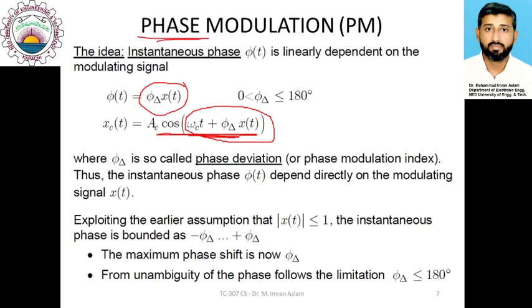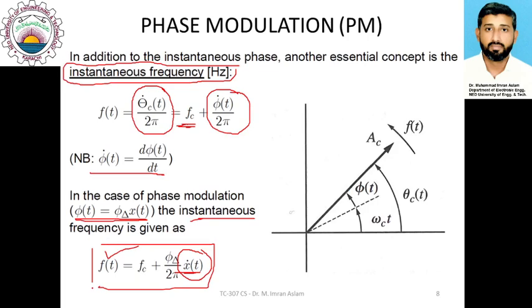So with phase modulation we would see changes in phase as well as frequency, but we give it the name phase modulation as the phase is proportional to the message signal, whereas frequency is not proportional, rather it has a relationship with the derivative of the signal.